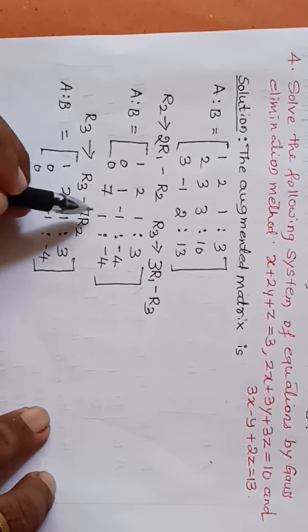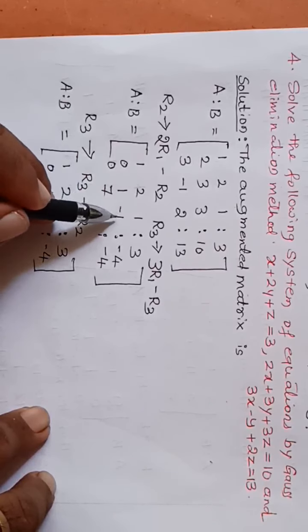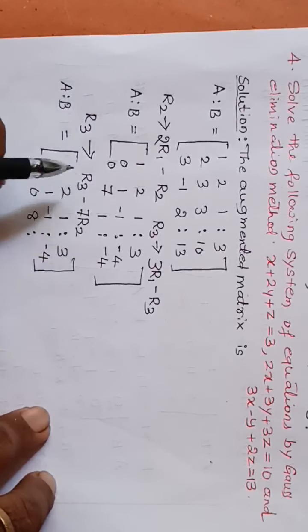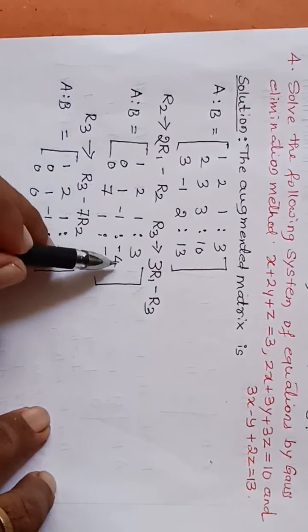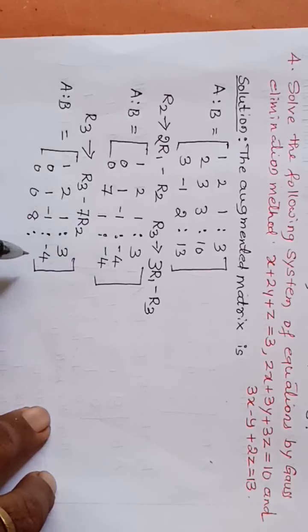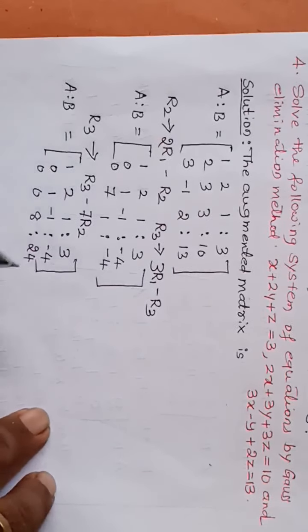Now 1 minus, so minus 7, 1 plus 7 is 8. Next, minus 4 into 7, 4 into 7 is 28, and 28 minus 4 plus 28. So it becomes 24.